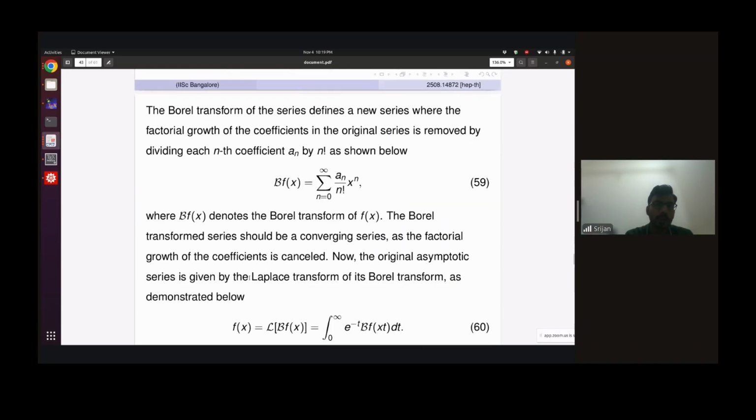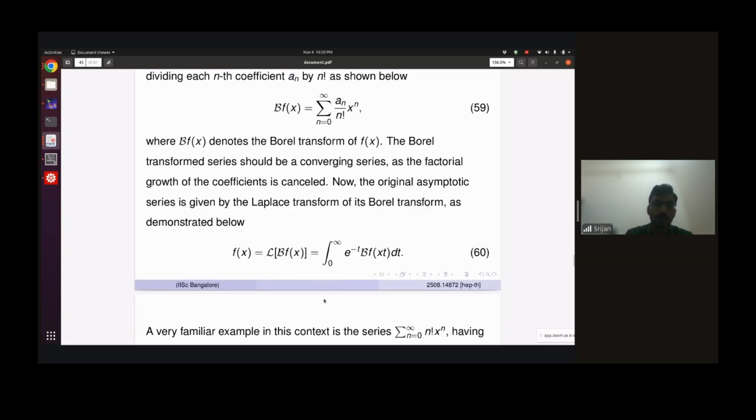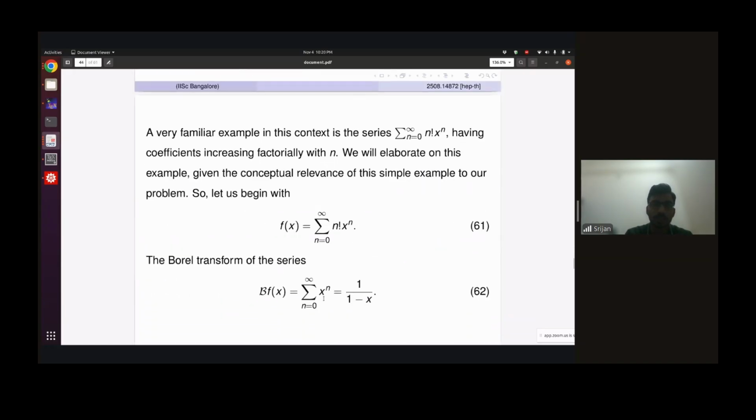So what we do is first take the Borel transform of the series: we divide each term by n factorial to remove the factorial growth. Finally, one can formally write f(x) back as the Laplace transform of this Borel transform. If you do this integral, it will cancel the n factorial. That's how you rewrite f(x) in terms of the Laplace transform.